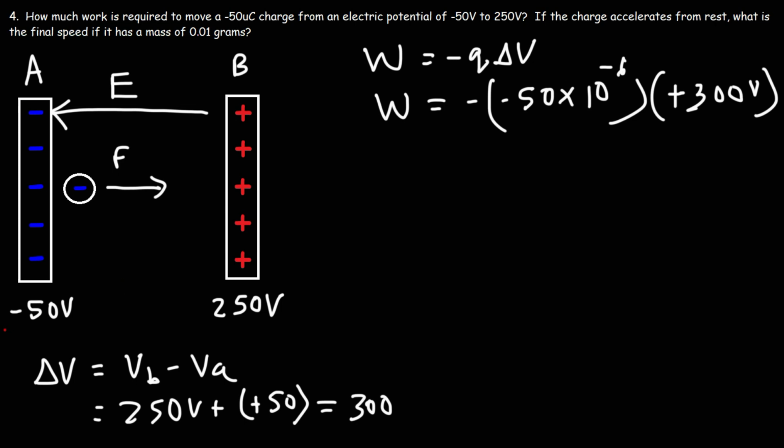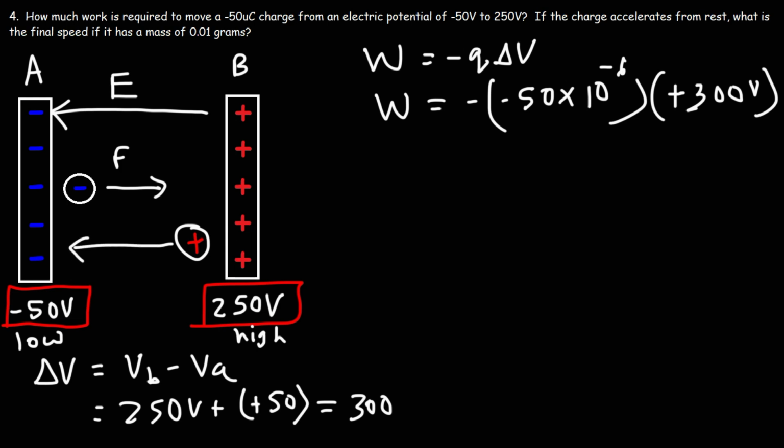So remember, an electric field will accelerate a negatively charged particle from a low potential to a high potential. However, an electric field will accelerate a positive charge from a high potential to a low potential. So if we had a positive charge, it would go towards the low potential plate, or negative 50.